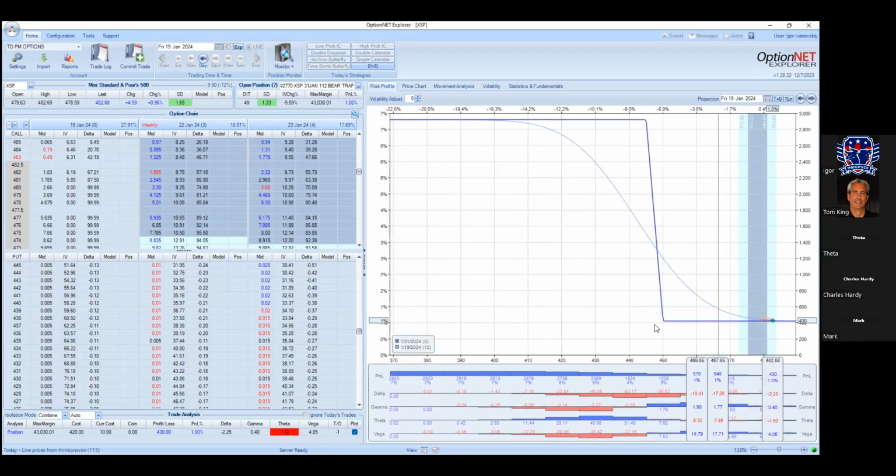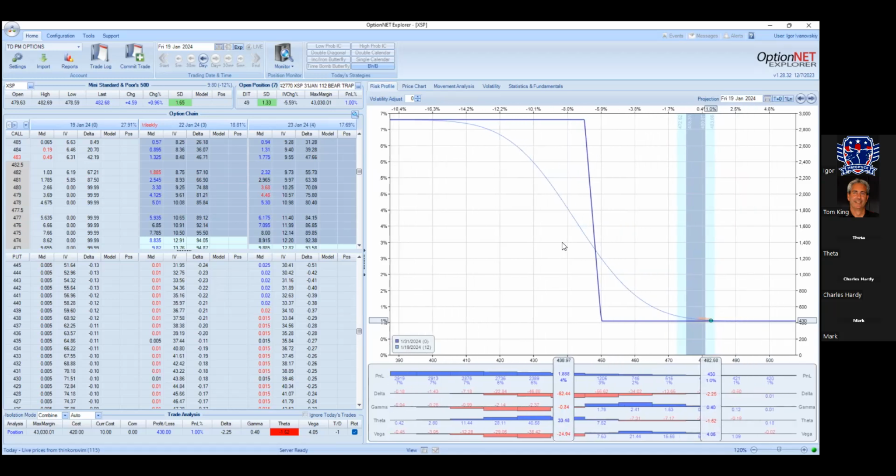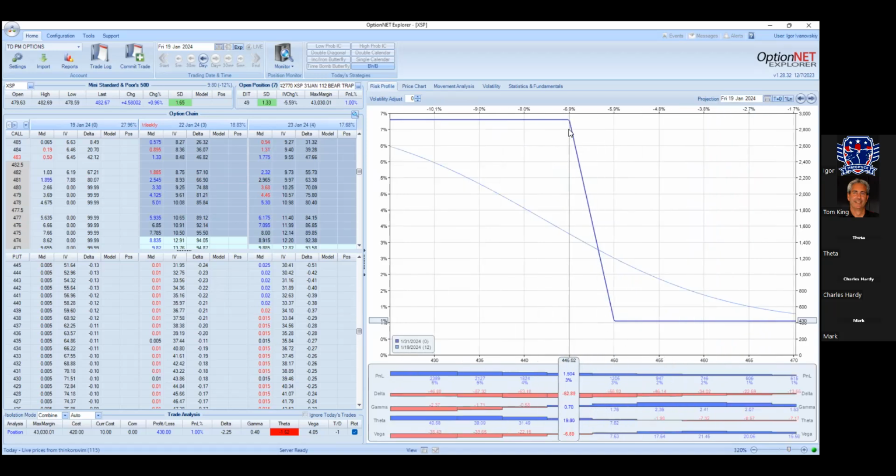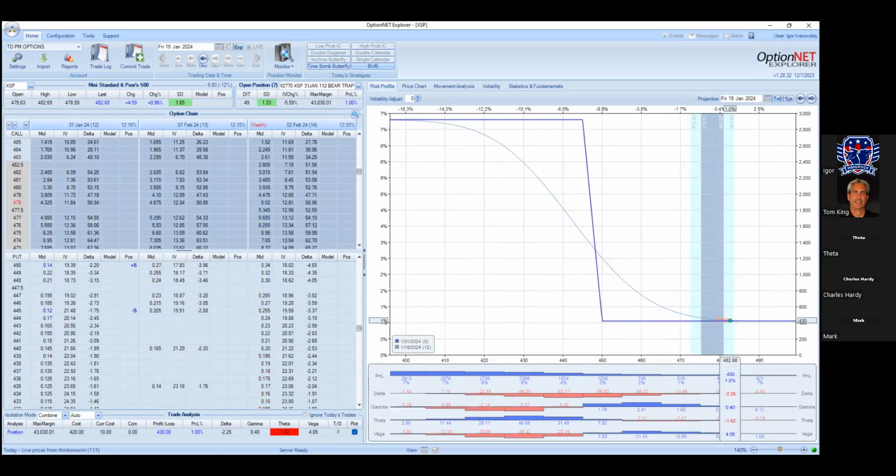This left me with a put debit spread that is very likely to expire worthless unless over the next 12 weeks we see a move to the downside of about 7% or so. It's very unlikely, but there is a chance. And for right now, having this put debit spread with 12 days to go does relieve some of the buying power. Not much, but it does help and serves as a hedge for some of the other trades.